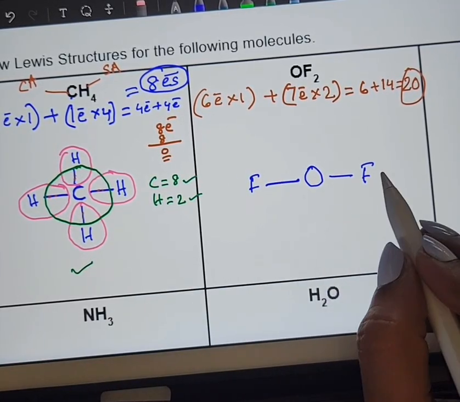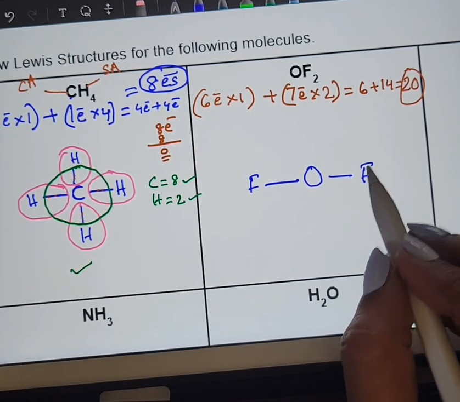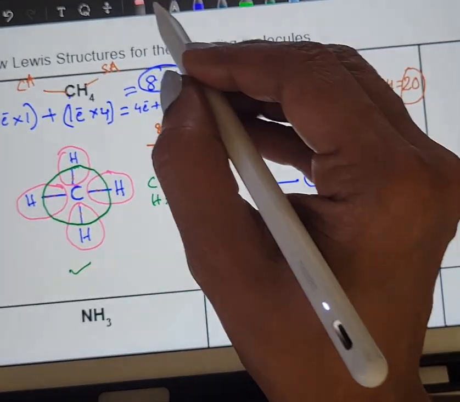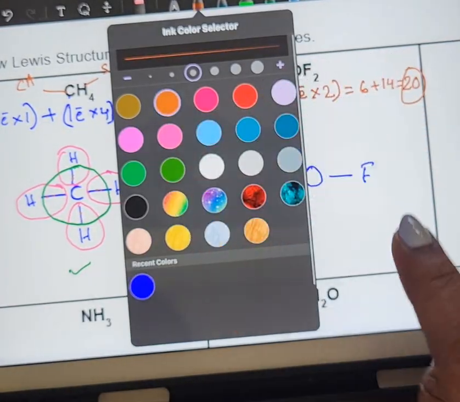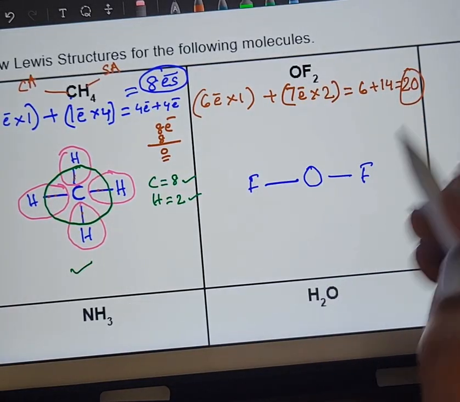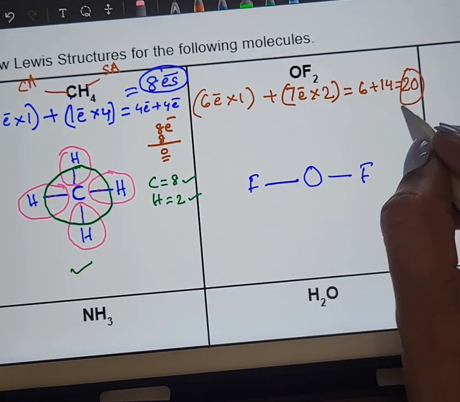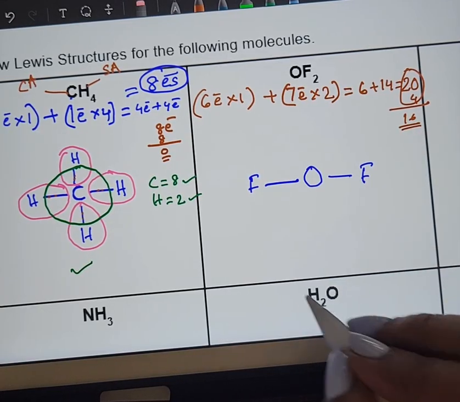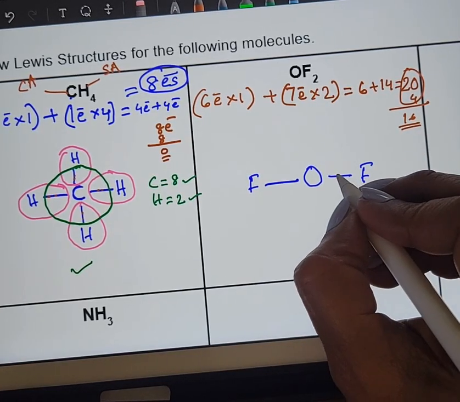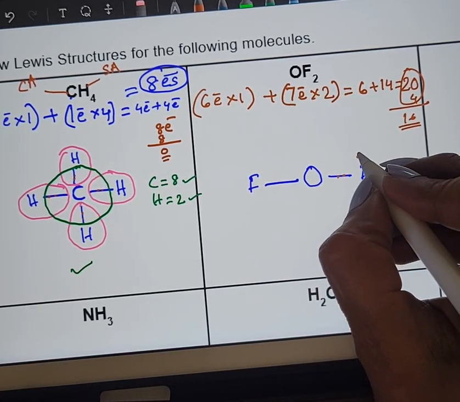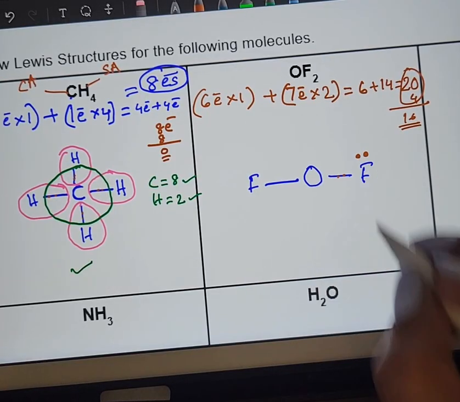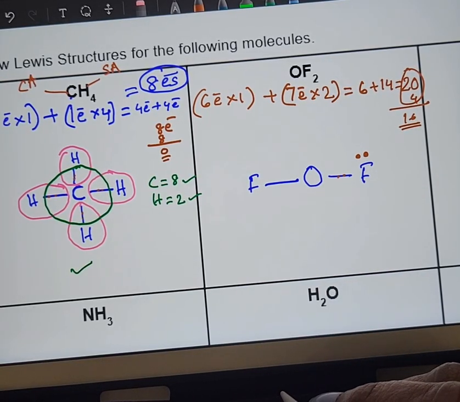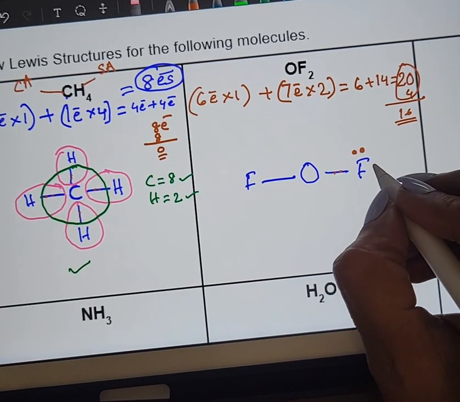So now we have to make the surrounding atoms happy. Here we have 20 electrons. We used only 4, so 16 electrons are there. There are already 2, it needs 6 more. I'm going to give the pair, which is called a lone pair, because they are alone. They didn't share with anyone.